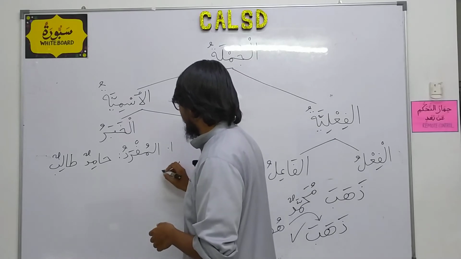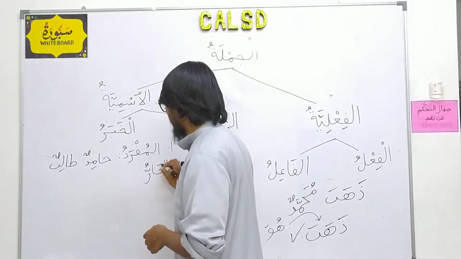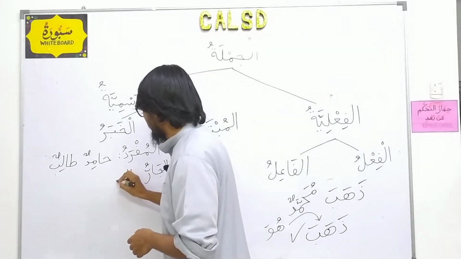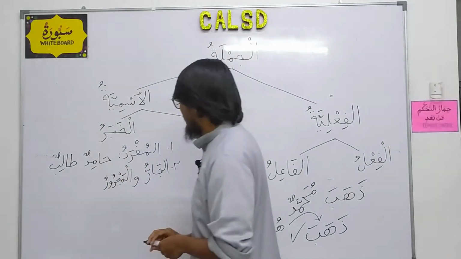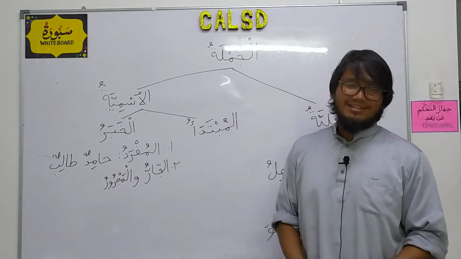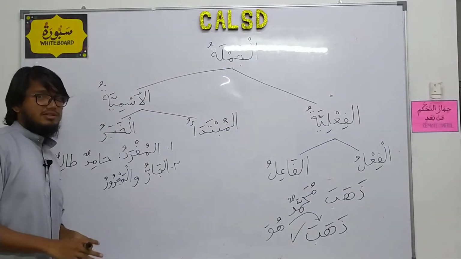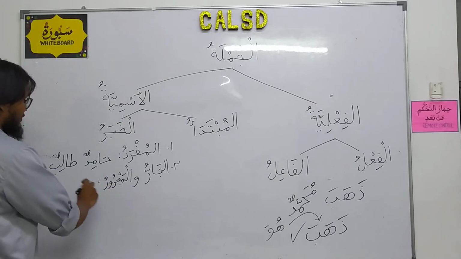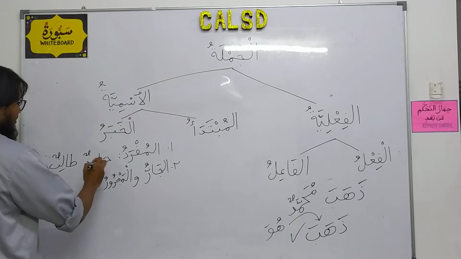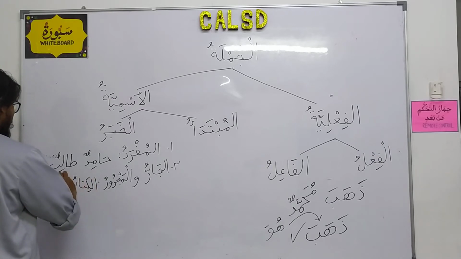The second one is al-jarru wal majrur. These are again terms which basically mean, if you've learned the huruf jar, like fi, ila and all that, you may have something like al-kitabu ala al-maktabi.